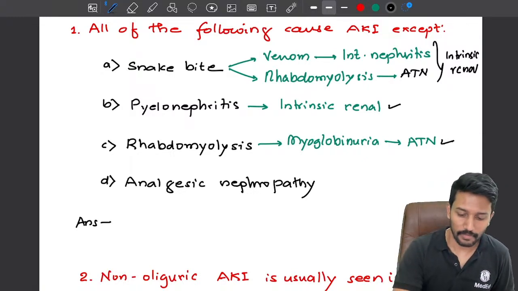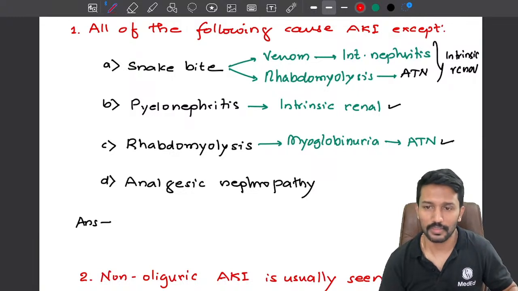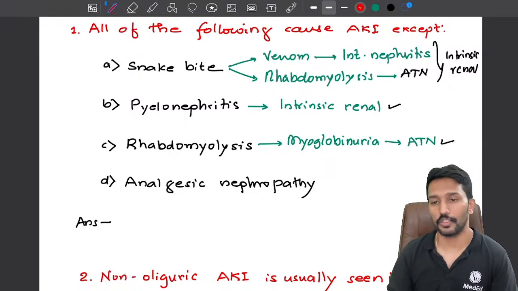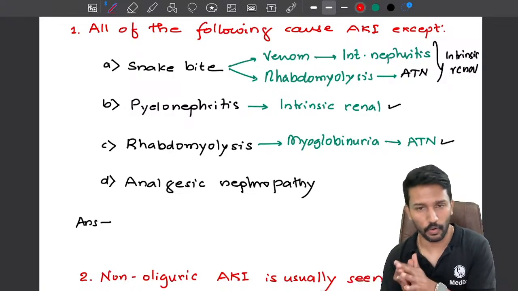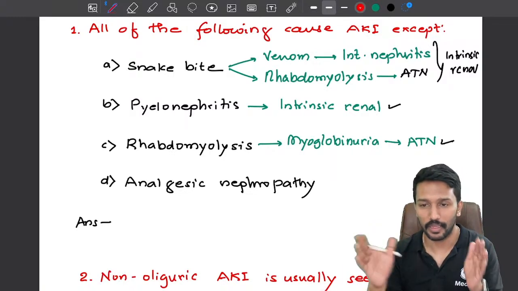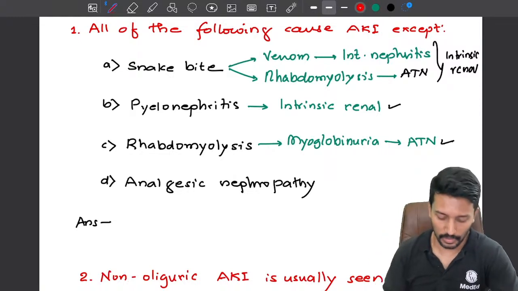Now analgesic nephropathy, like the chronic use of paracetamol, causes papillary necrosis, and whenever there is structural damage to the kidney, generally it is in the form of chronic injury, right? That's what we have learned. The best investigation to differentiate between AKI and CKD is ultrasound, because it will show the structural change in the kidney.